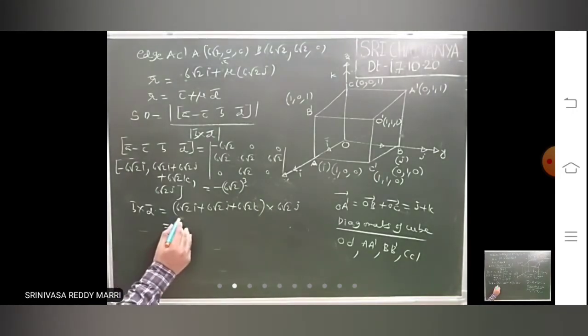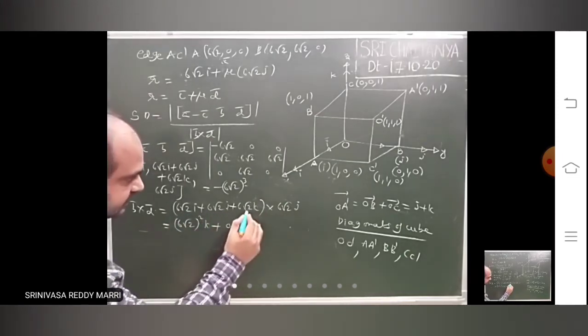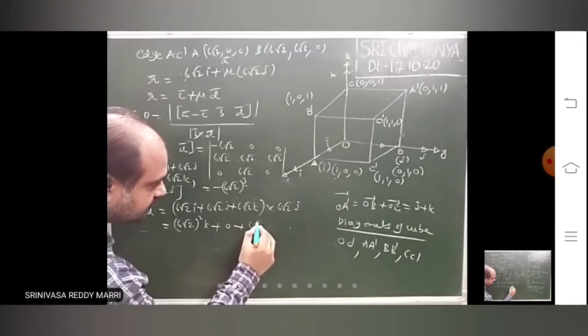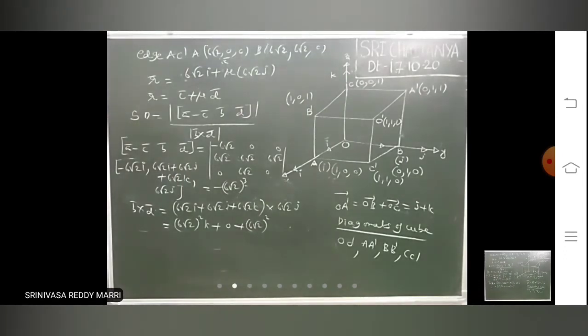That means 6 root 2 whole square. I cross j means k. J cross j is 0. This is 6 root 2 whole square into I. Therefore, so modulus, write the formula.